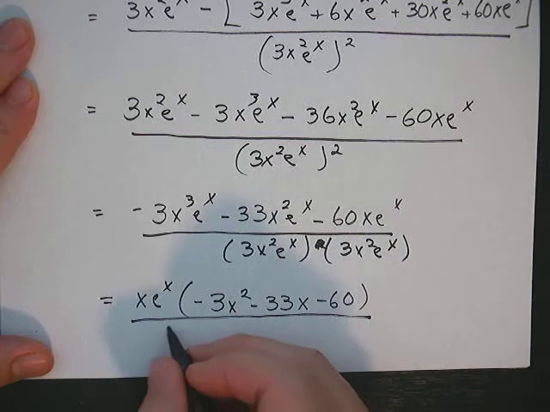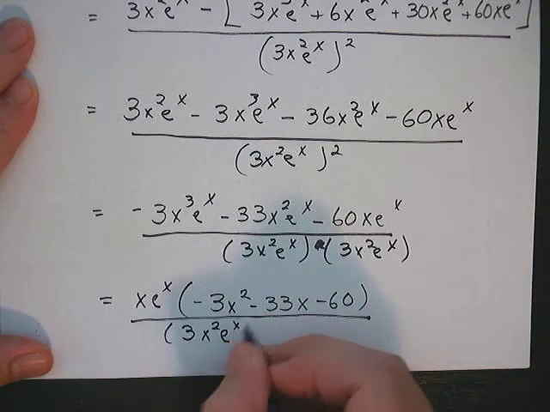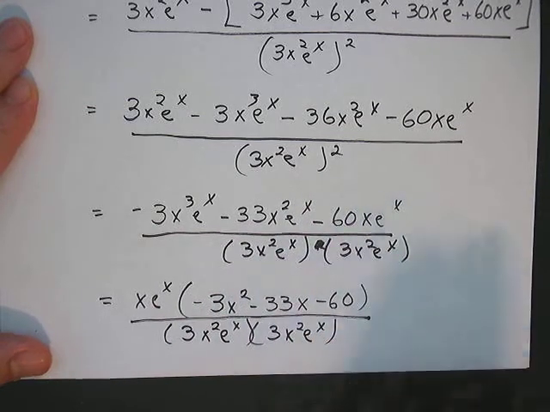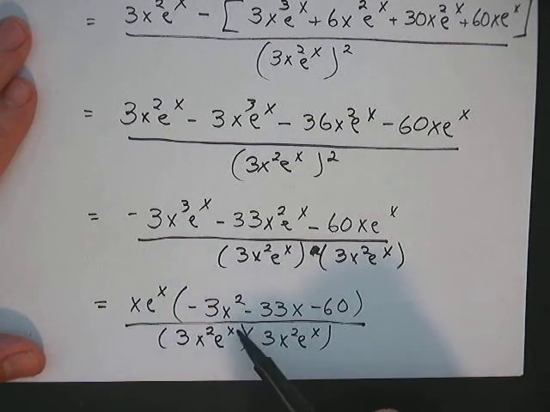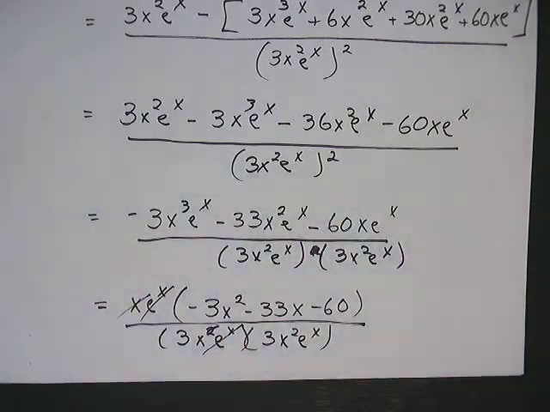Okay, and then we'll write this 3x squared e to the x times 3x squared e to the x. Now the reason I wrote it that way is because we can now reduce some stuff. We can reduce one of the e to the x's, and we can reduce one of the x's there.